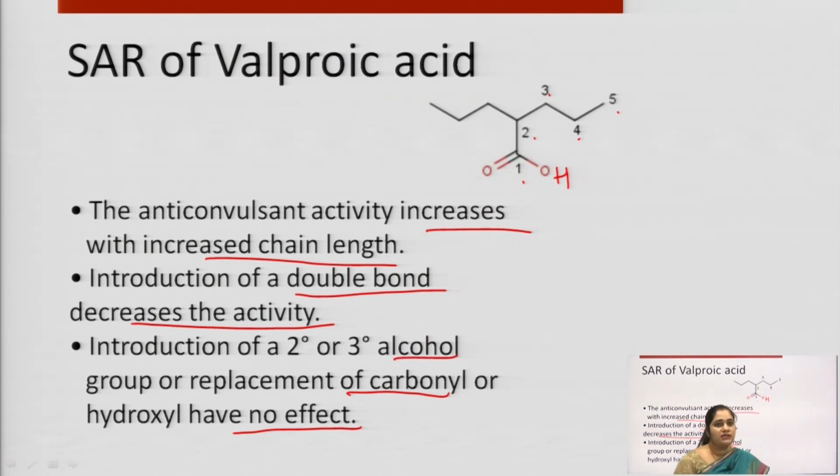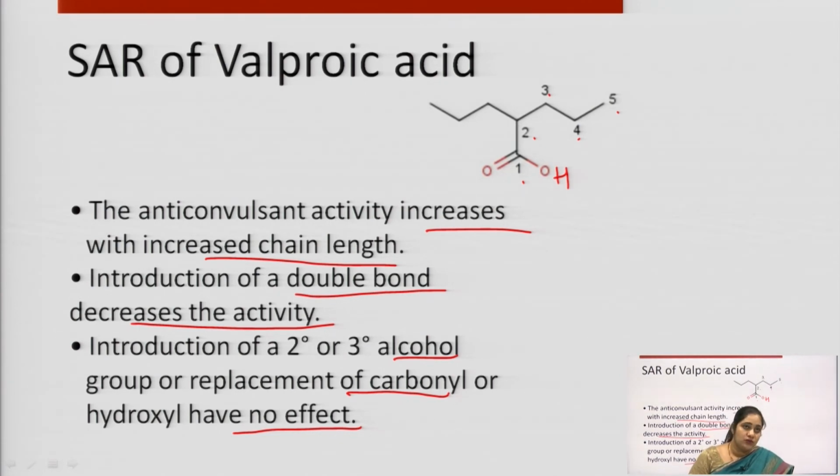Again, the structure activity relationship of valproic acid: the anticonvulsant activity will increase when we increase the chain length. We have 5 carbon atoms in the longest straight chain, and if we increase the side chain, that will increase the anticonvulsant potential.